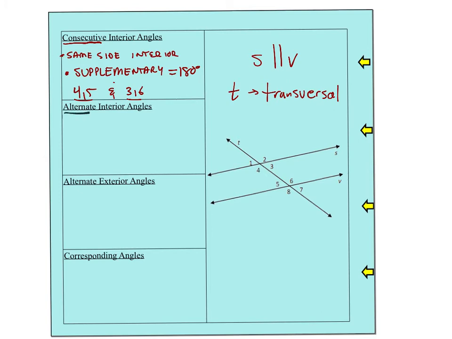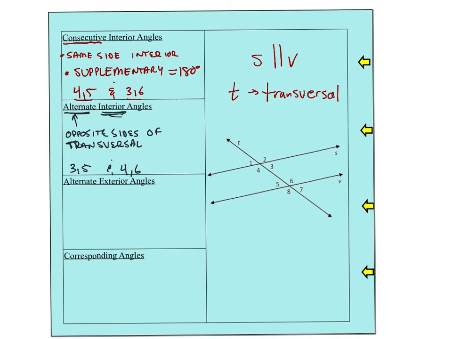Now alternate interior angles are a little bit different than consecutive. Alternate interior would be 3 and 5, and 4 and 6. Alternate just means opposite sides of the transversal.